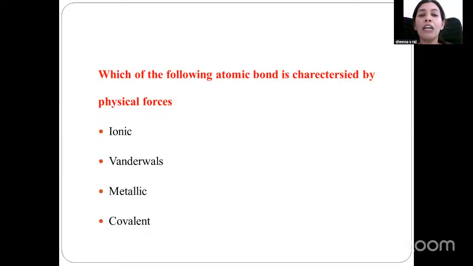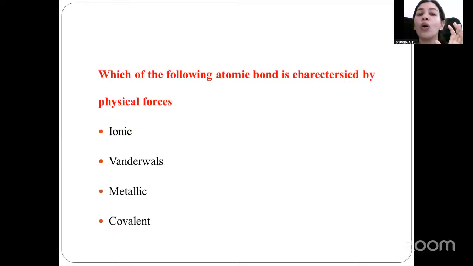Next question. Which of the following atomic bonds is characterized by physical forces? So we know that forces are of various types, primary forces and secondary forces. The primary forces are the metallic force, covalent force, ionic force, etc. The secondary forces are like the Van der Waals force, which we've already studied.